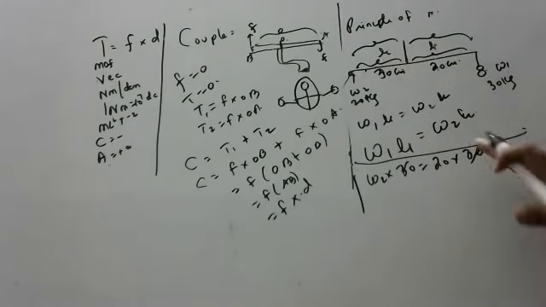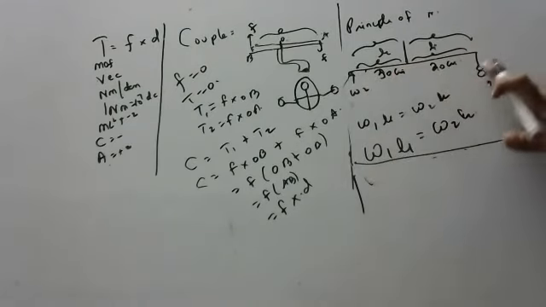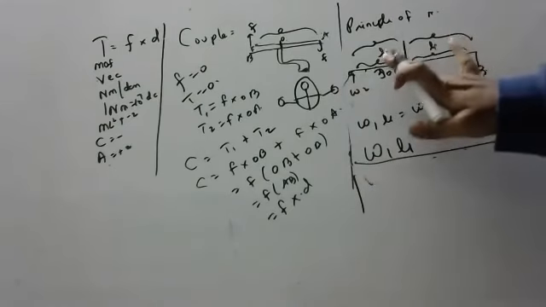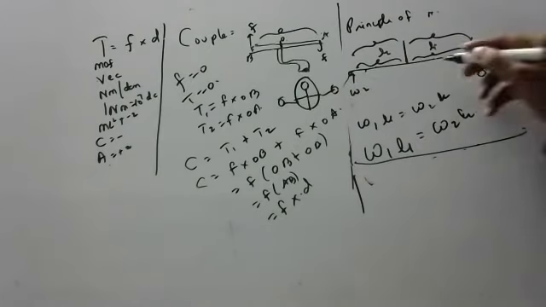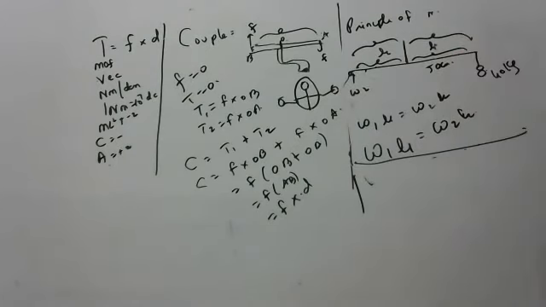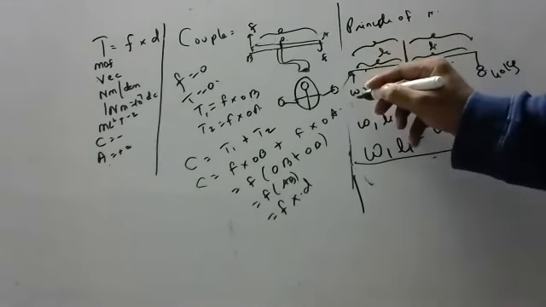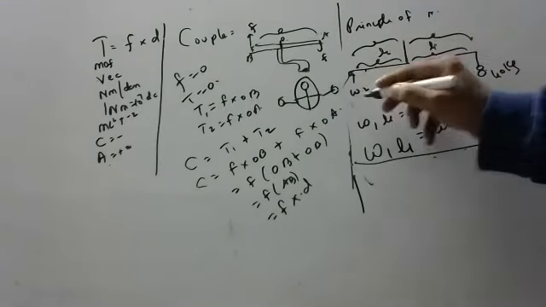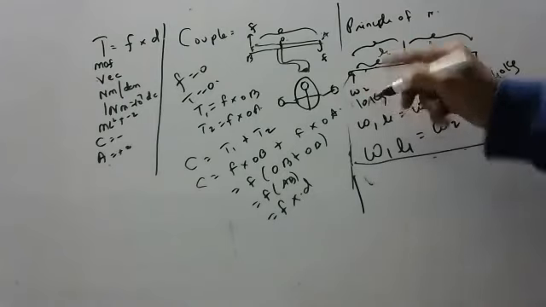Or they may ask the same sum like this also. See, check, then only you will understand it. I am putting 40 kgs at 50 centimeters. How much should I keep? I don't want to keep 40 kgs, I want to keep only 10 kgs, but still I want it to be balanced.